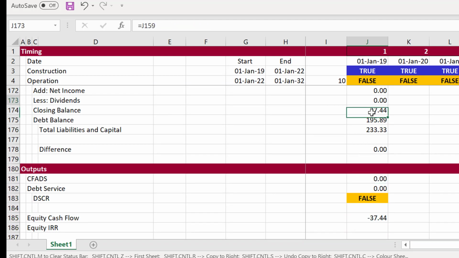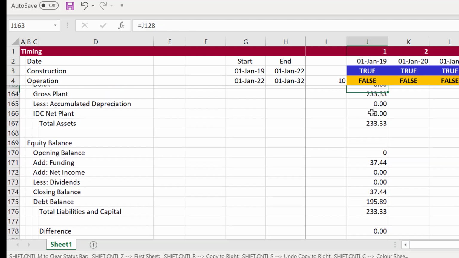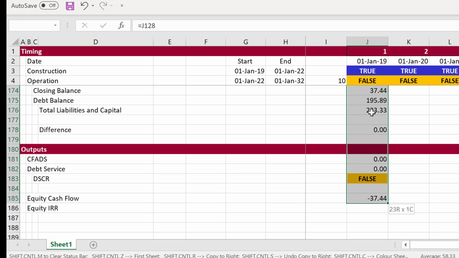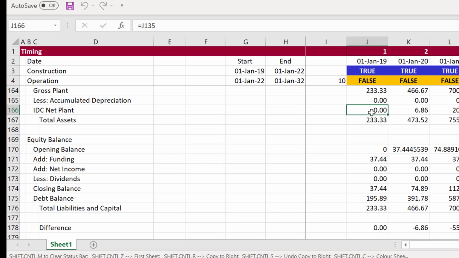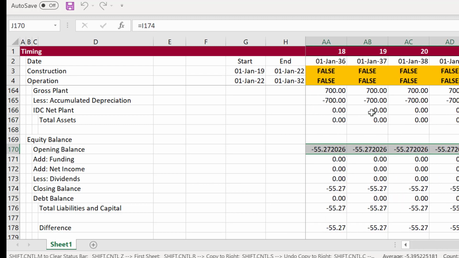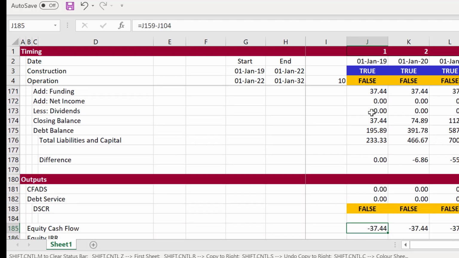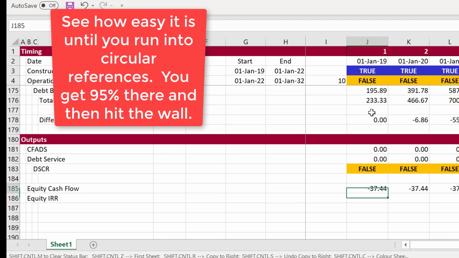And we can take all of these numbers, all of them, and Shift Control R. Okay, and I have a few things to fix. How boring is that? And I have a difference in my balance sheet saying I have some kind of error.